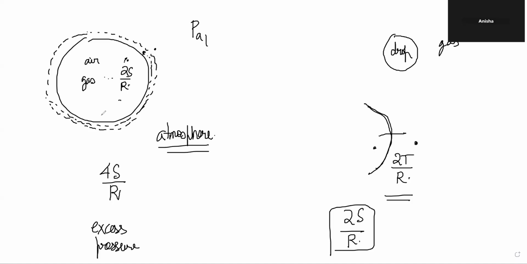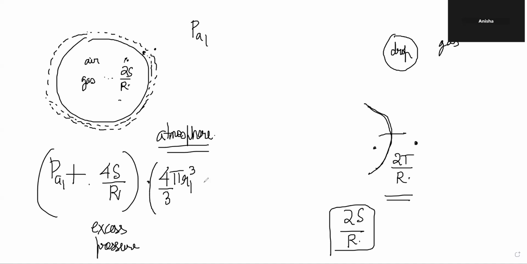So the actual pressure inside the bubble will be PA1 plus this. Do you understand what I'm saying? So you will say PA1 plus this is the pressure, multiplied by the volume, which would be 4 by 3 pi R1 cube, right?